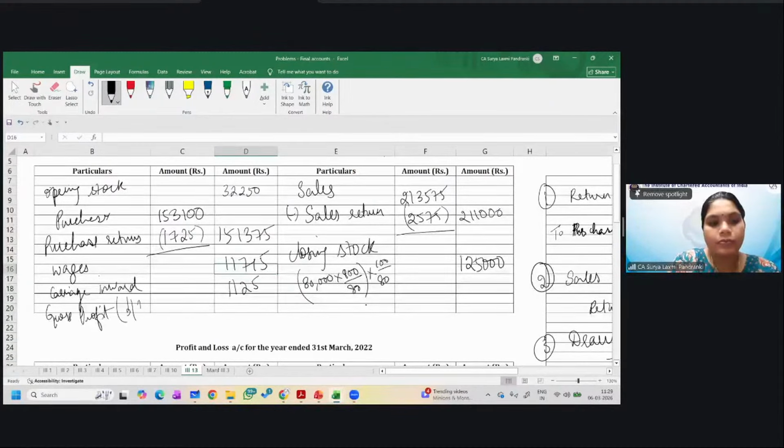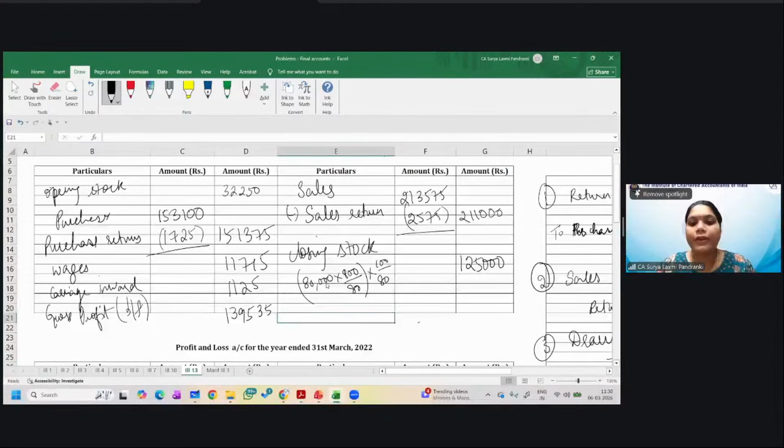Balancing figure. 139535. Is that right? 139535.